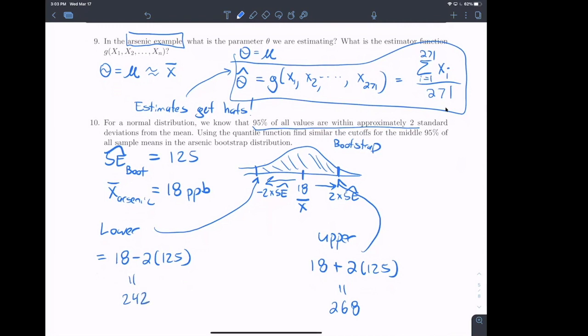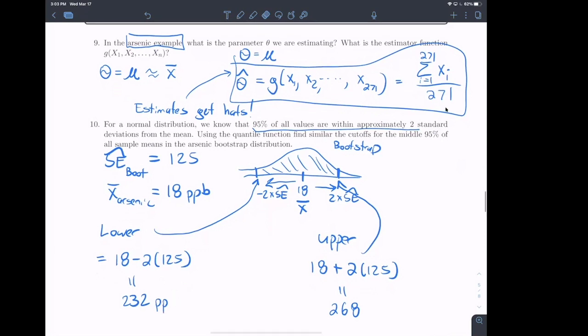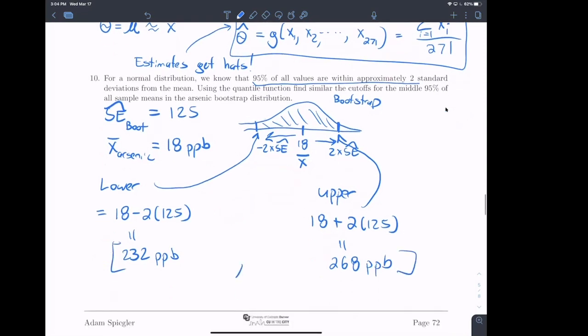So that would be 232, excuse me. So this is giving me an interval of values where 95% of all of the bootstrap means are likely to be between, right? Again, we're estimating things, so there's going to be some error here.